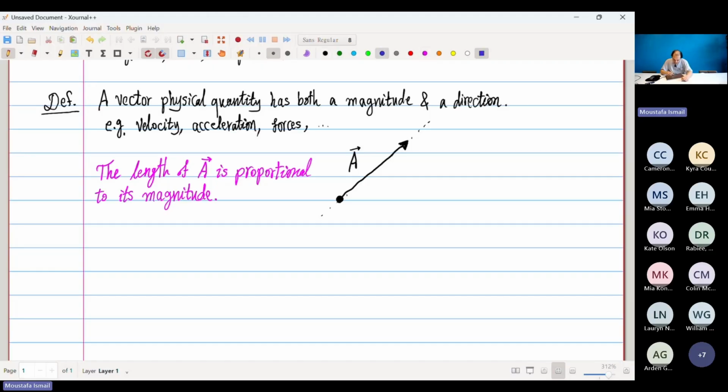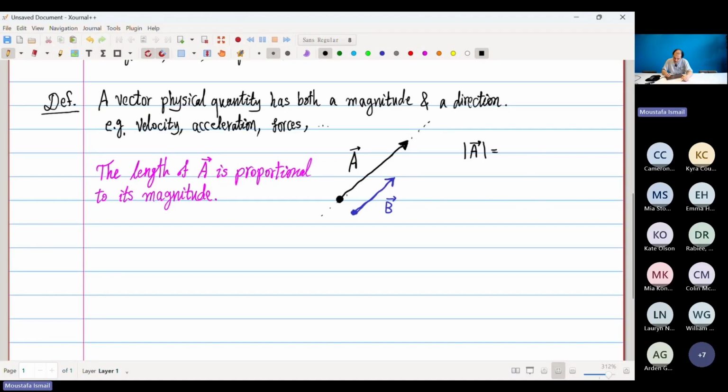So for example, if we have another vector B that is anchored here, then the magnitude of the vector A is bigger than the magnitude of the vector B. To indicate the magnitude, we just put the vertical bars around the vector.